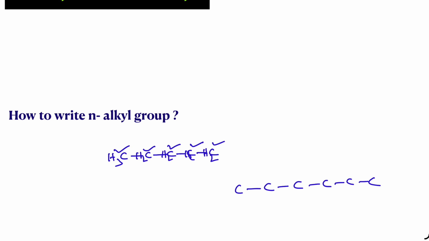Then CH3, CH2, CH2, CH2, CH2, CH2: 1, 2, 3, 4, 5, 6. Therefore, it is called n-hexyl. This is used when all carbon atoms are present in a normal chain.